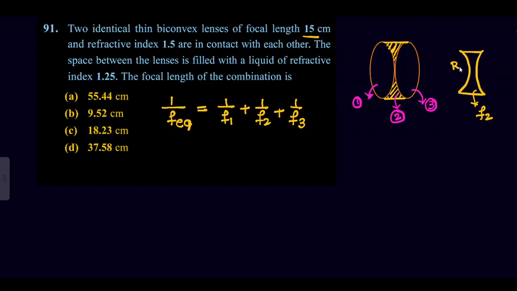This is R1 and this is R2, the radii. The lenses are identical, so the radii are also equal.